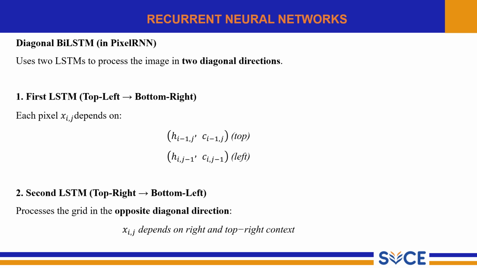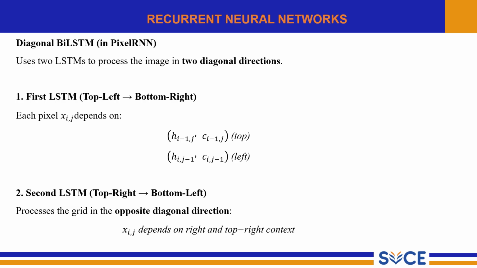To improve this, PixelRNN introduces a diagonal bidirectional LSTM, which allows the model to capture dependencies in multiple directions more effectively. Instead of only moving left to right or top to bottom, the image is processed along diagonal directions, which helps the model capture richer spatial relationships between pixels.